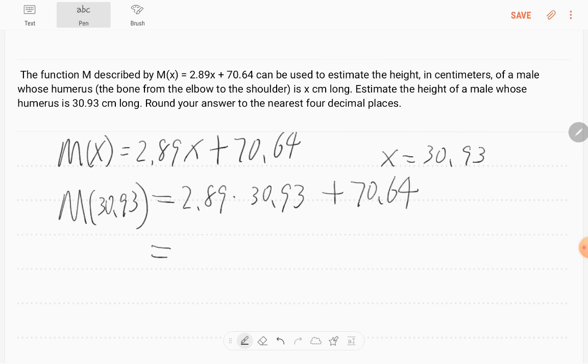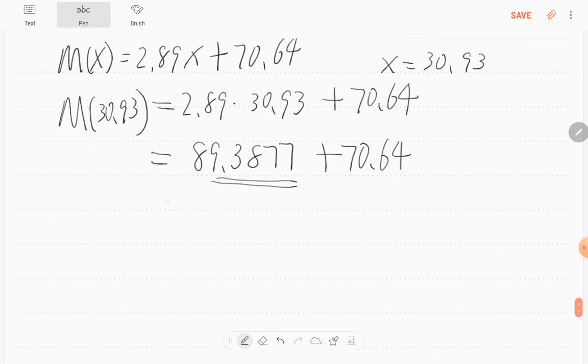2.89 times 30.93 equals 89.3877, plus 70.64. When you do the calculation, keep as many decimals as possible from your calculator, otherwise sometimes you will make some estimation error.